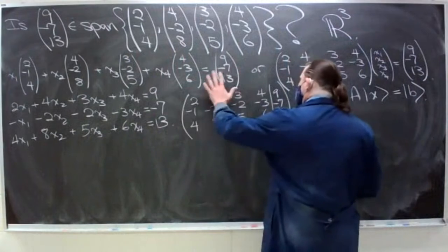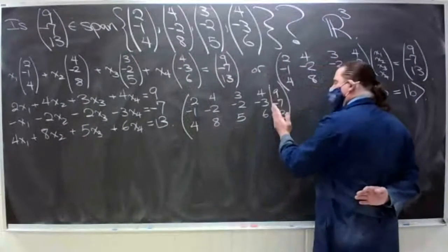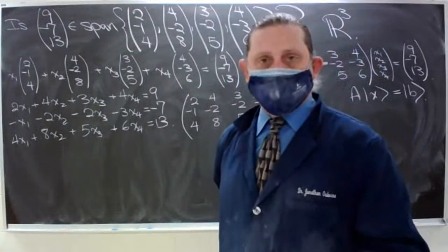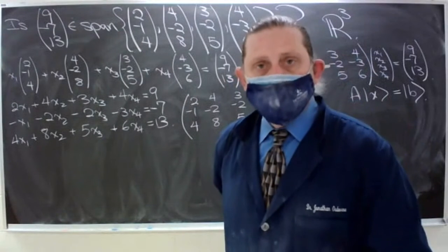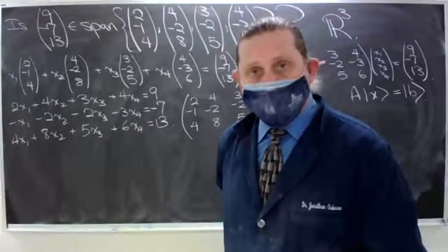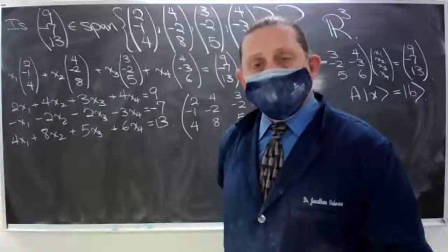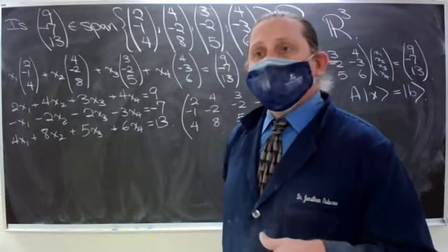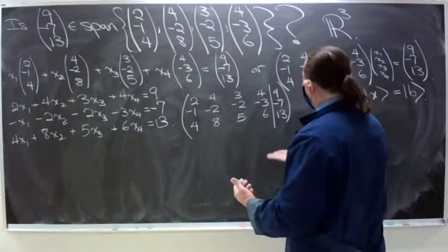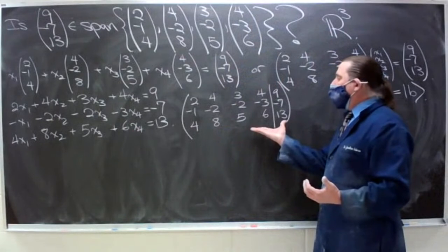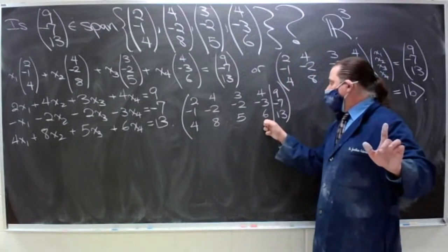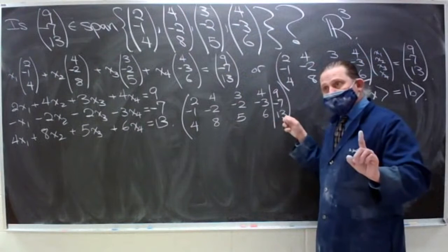The vectors to the left of the augment bar are the ones that we're forming a linear combination of. The vector to the right of the augment bar is the one that we're trying to write a linear combination that equals. Okay? So here I'm asking for a linear combination of these four vectors that equals this vector.